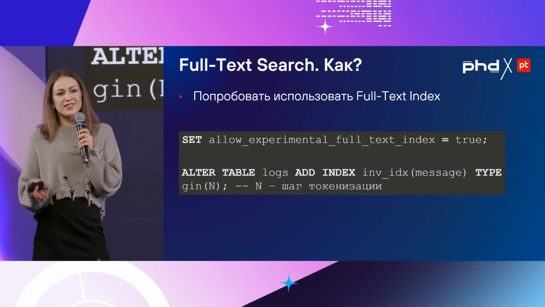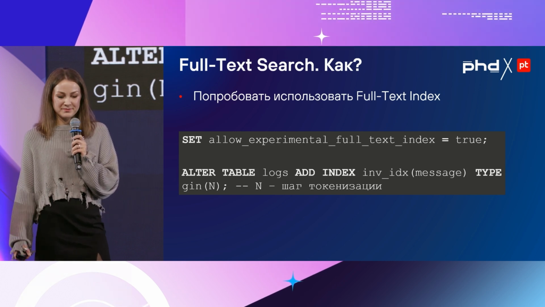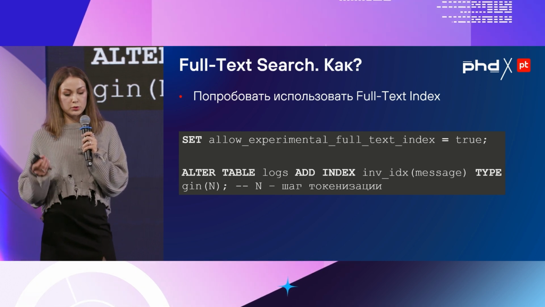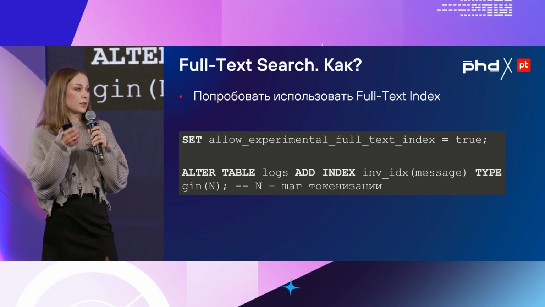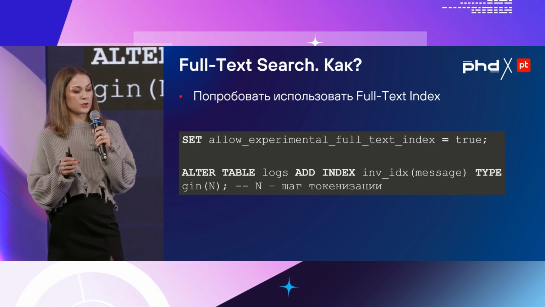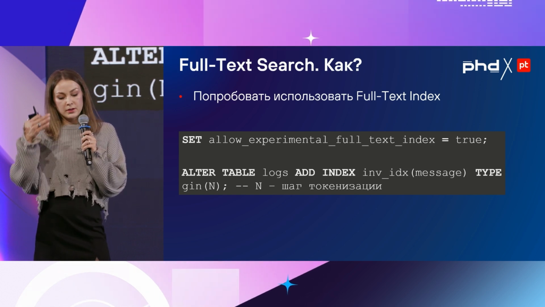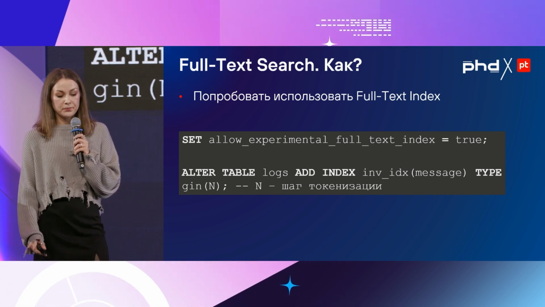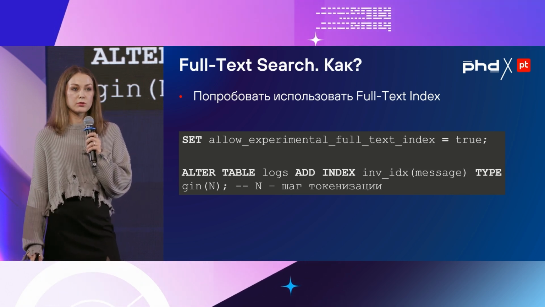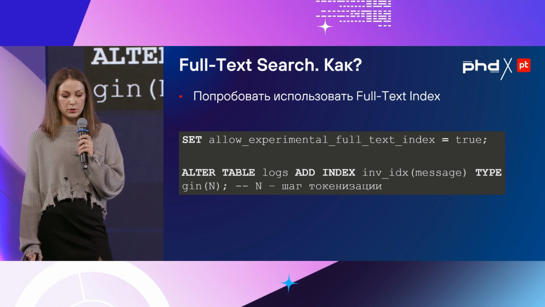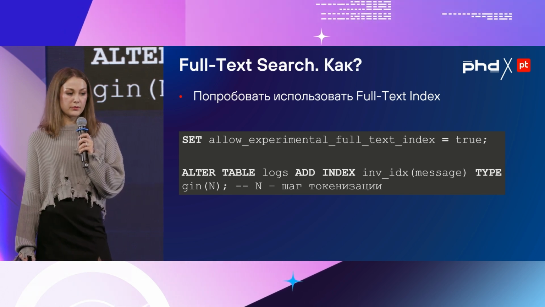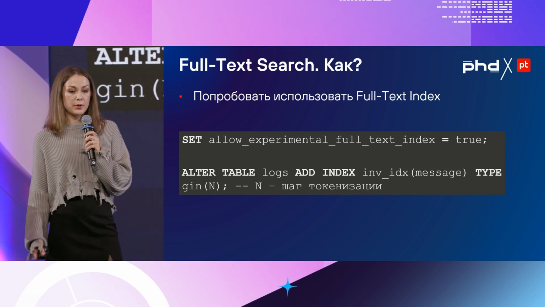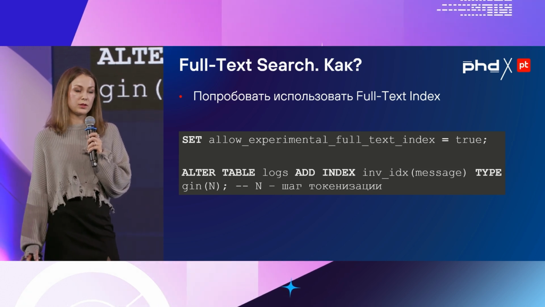This is the implementation of the standardized inverted index. I don't know how to say that in Russian. They create a structure where for each token or ngram next to it there is a position where a certain word occurs. We create this index, but creating this index will slow down the inserts.